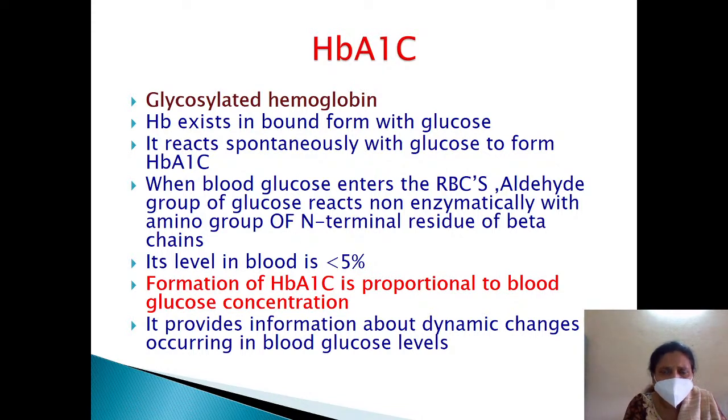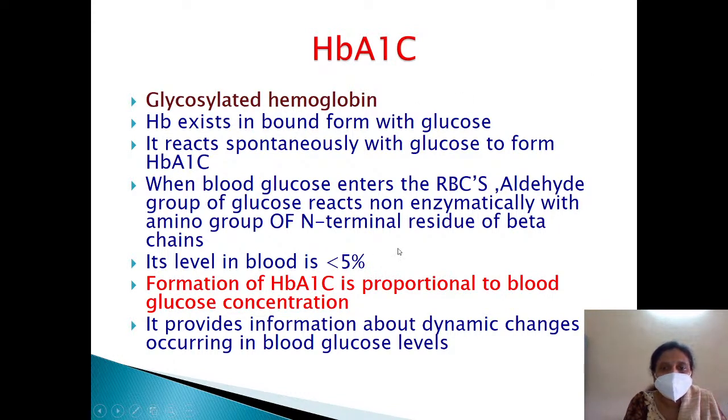The beta chain is a polypeptide chain. You know that each polypeptide chain has a C-terminal and an N-terminal. So the aldehyde group of glucose is attached to the N-terminal amino acid of the beta chains to form a glycosylated hemoglobin.